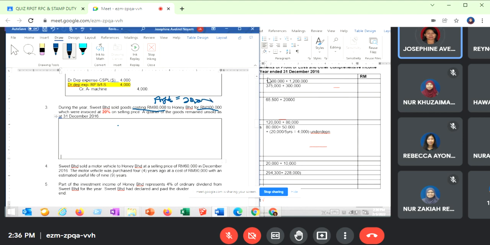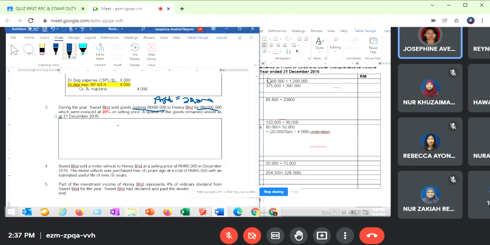Here they have also given that it was invoiced, but this one we have to change. If it is 25%, you will not get 20,000. So I've changed this to 20% on selling price. So in fact, the question doesn't need to give this statement.